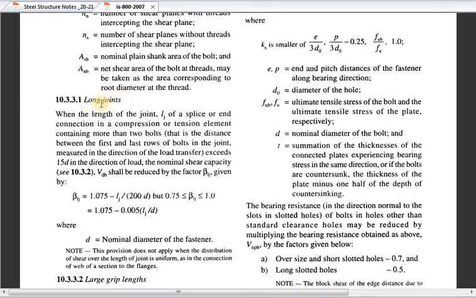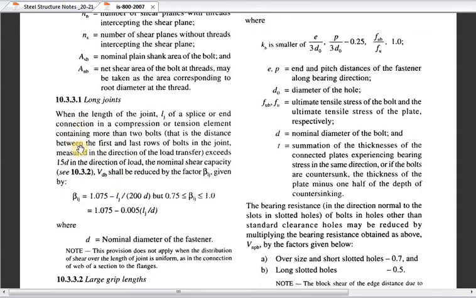When the length of the joint, LJ, of a splice or end connection in a compression or tension element containing more than two bolts, that is the distance between the first and last row of bolts in the joint measured in the direction of load transfer, exceeds 15 times the diameter of the bolt in the direction of load, the nominal shear capacity is reduced.